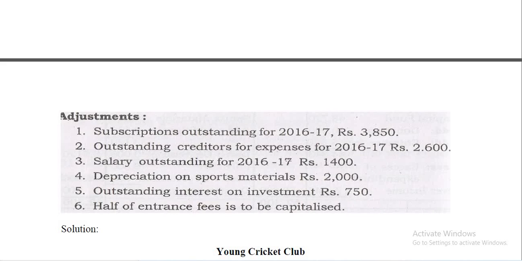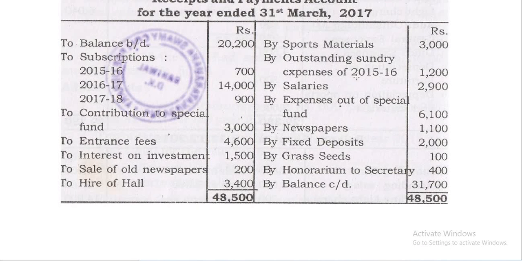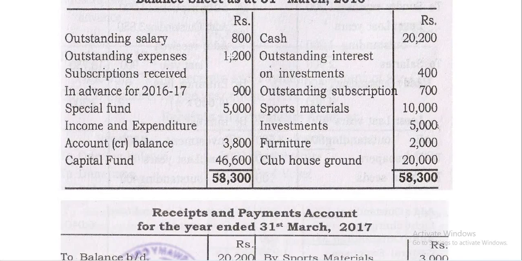Salary outstanding for 16-17, for the current year, is 1,400. Here salary paid is 2,900. To that you have to add the outstanding in the income and expenditure account, and in the balance sheet it is shown as an item of liability. And outstanding salary is given in the opening balance sheet.